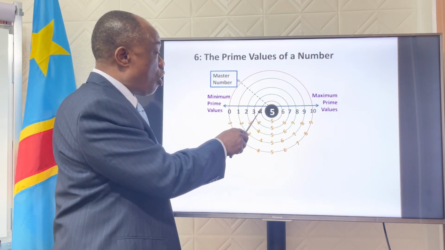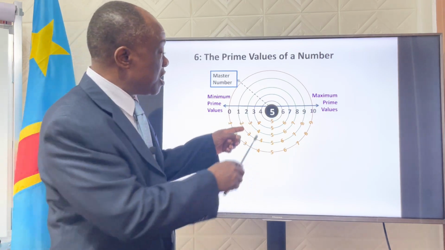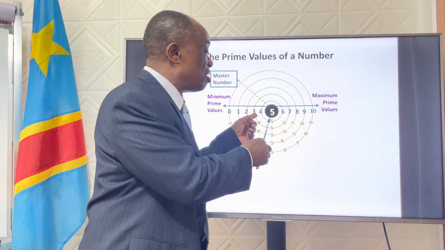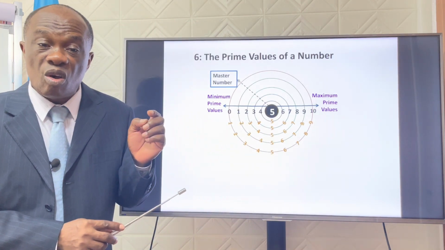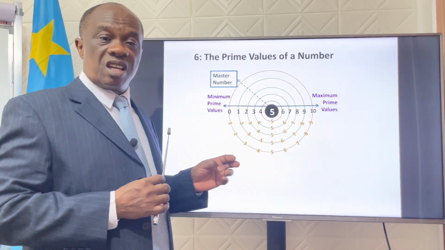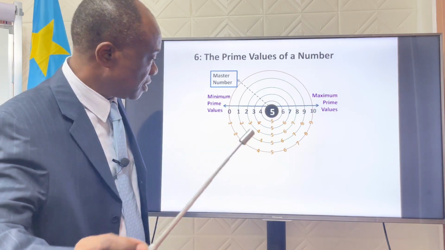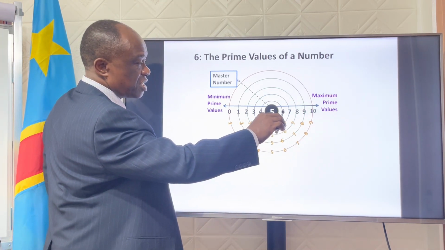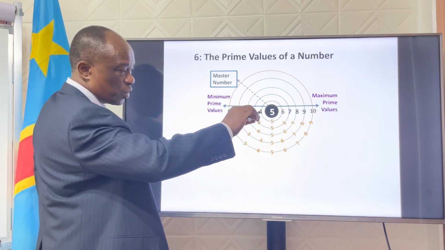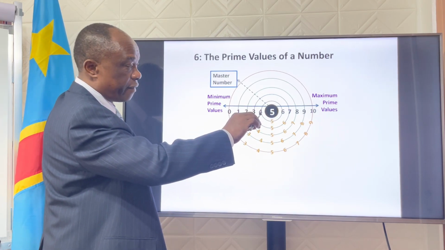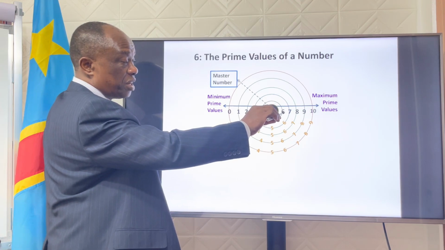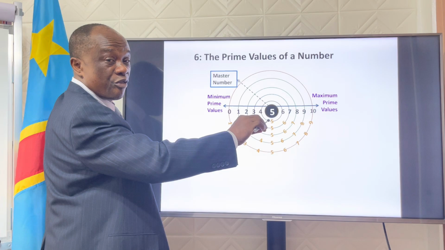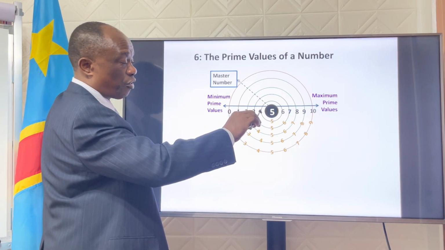So in order for this number to increase its value, because what it is doing here is increasing or decreasing its value, I will show you what I mean. 6 wants to go to 4. So it will decrease its value passing through 5, then it meets 4.